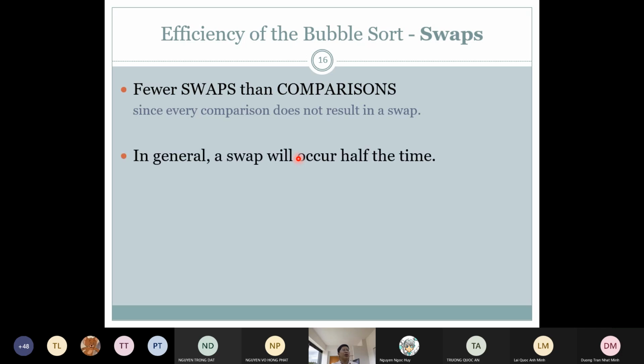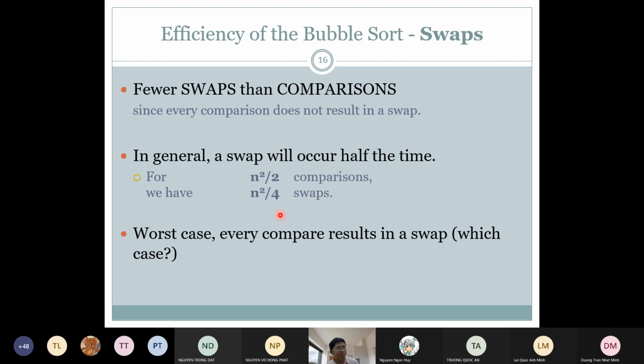Let's say in general we swap half of the time, so we have n squared divided by 4. So in the worst case, of course, we have comparisons and we have swaps. Which case is the worst case again, please? Which one?